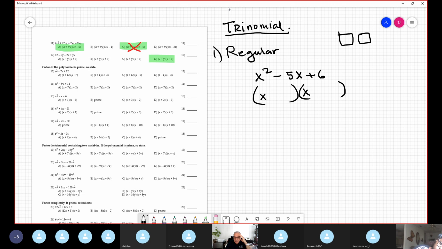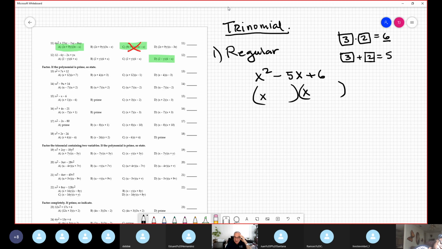You have maybe 2 combinations, 6 times 1 and 3 times 2. However, 3 times 2 is 6, and when you add or subtract, maybe both possibilities, give me 5.